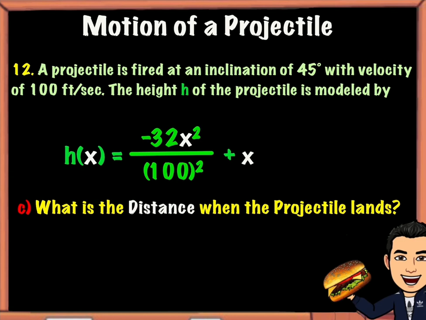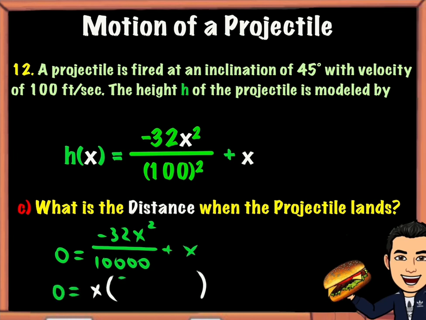So what is the distance when the projectile lands? And understand that when the projectile lands, the height equals 0. So 0 equals the function negative 32 x squared over 10,000 plus x. If you factor out the x, you're going to get x times negative 32 over 10,000 x plus 1. Set each factor equal to 0.